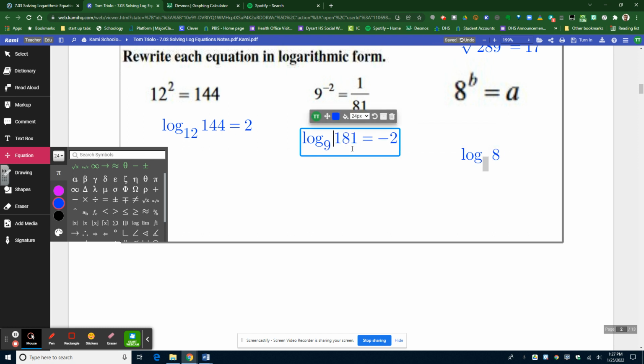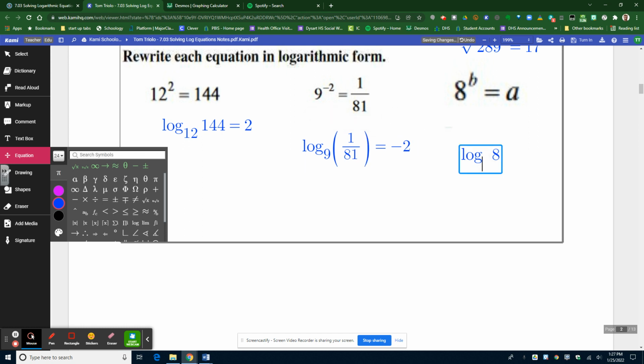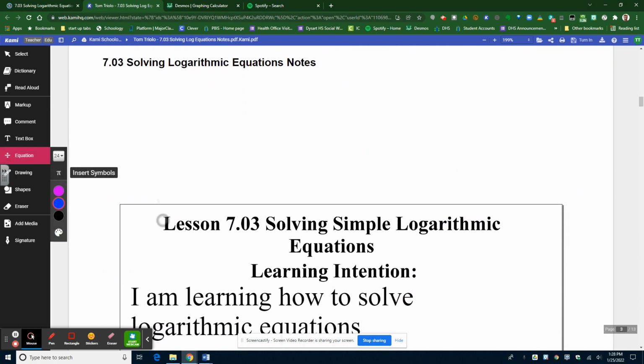No. Well, if it's not B, log base 8, so this must be A. So log base 8 of A equals B, because the logarithm equals the exponent.